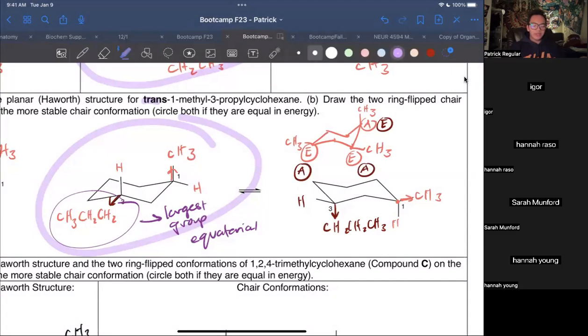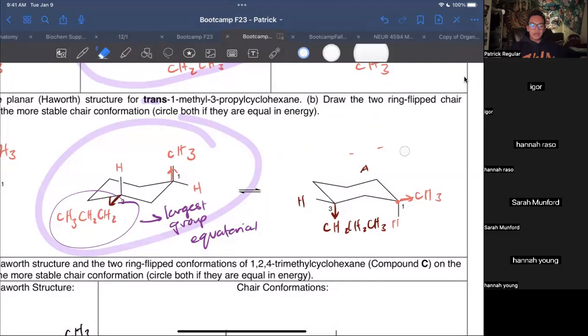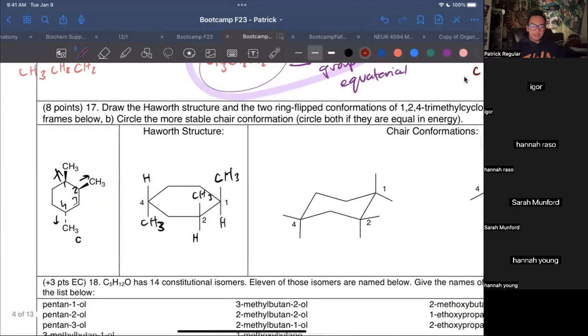Again, the same logic applies. You want the most alkyl groups or the largest alkyl groups to be equatorial. So this conformation is favorable because we have the most alkyl groups equatorial. So don't overthink it. The largest alkyl groups and the most alkyl groups we want to be equatorial. That's it. I won't make it too hard.